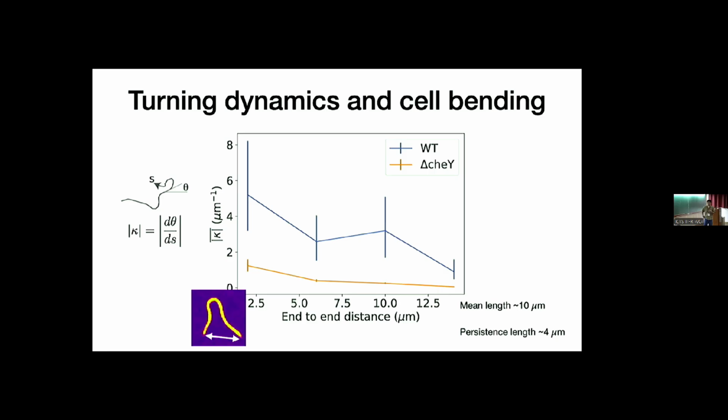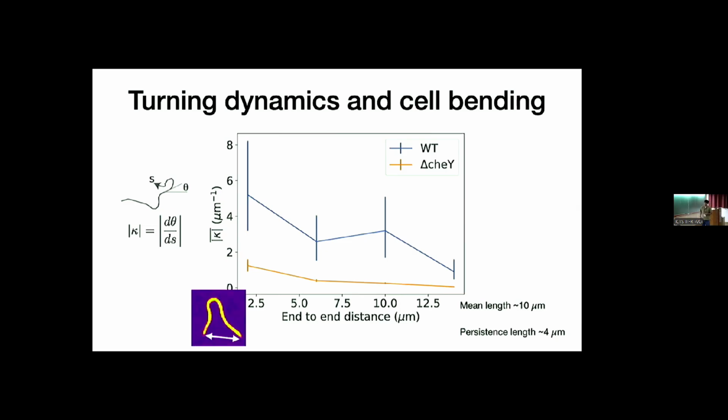This means the cell is largely bent. In this case, the trajectory curvature is higher, which means the cell tends to turn. But when the end-to-end distance is larger, the cell rather moves straight, because of the lower value of the trajectory curvature.